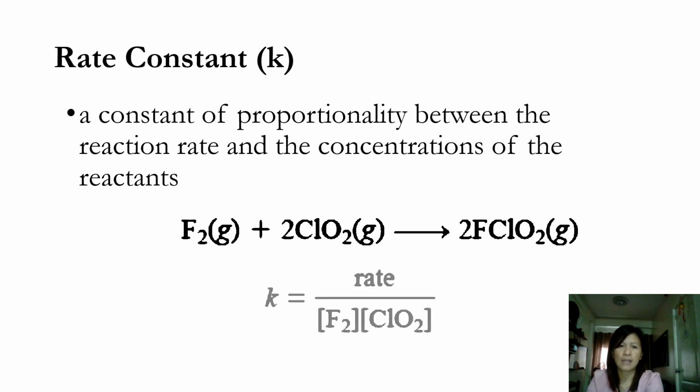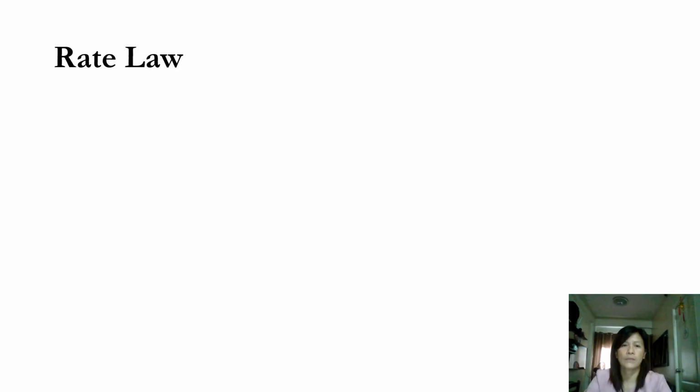So the rate constant for this particular reaction is written as k, or the rate constant, equals the rate of the reaction over the concentration of the reactants. So we multiply the concentrations of the two reactants here for the denominator. So the rate constant is equal to the ratio of rate to the concentrations of the reactants.